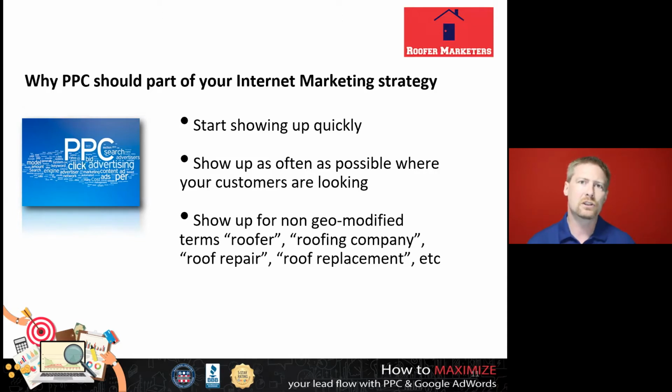The search term roofer by itself gets about 110,000 searches per month. But showing up for roofer in SEO is a lot more difficult. It's a very competitive keyword. With pay-per-click, Google could allow you to do that, without adding your city or state, which is what we mean by geo-modified.